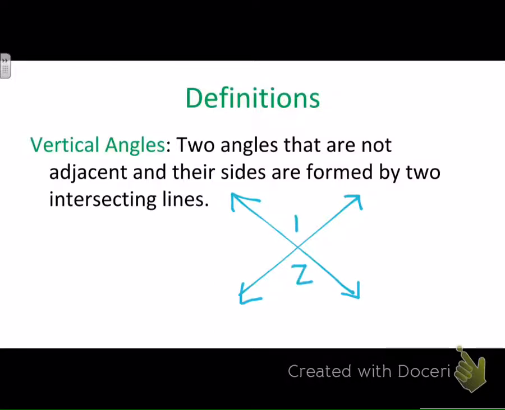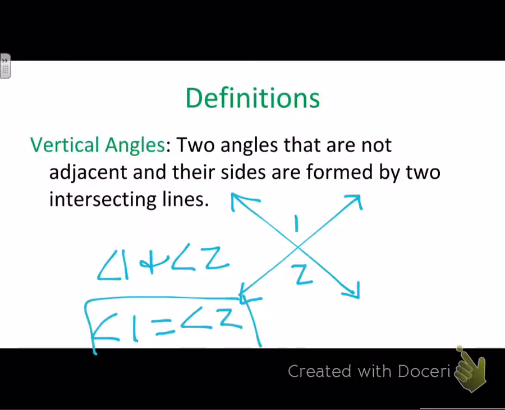Angle 1 and angle 2 are vertical angles. Vertical angles also mean they are equal to each other. So angle 1 is equal to angle 2. It's a vertical angle.